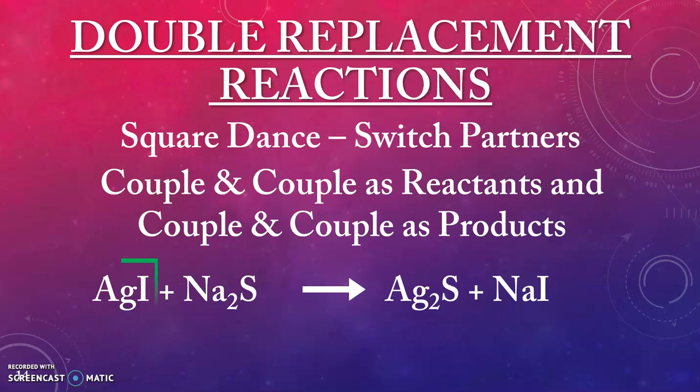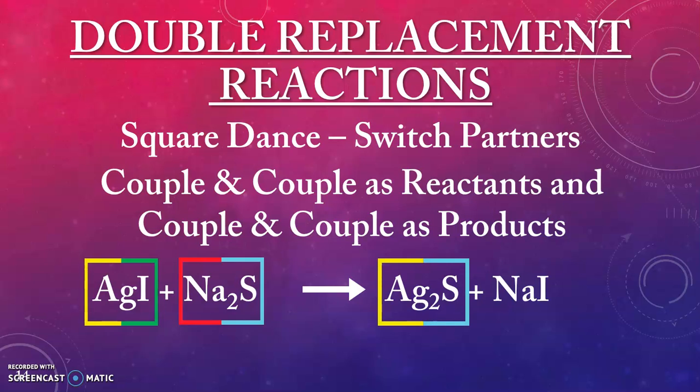In this case, I have my couple as silver and iodine, and another couple as sodium and sulfur. They're both on the reactant side, and then we switch partners. The silver is now dancing with the sulfur, and the sodium is now dancing with the iodine. So that is my double replacement.